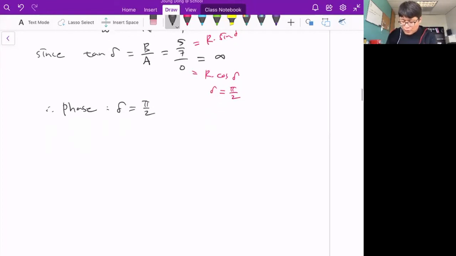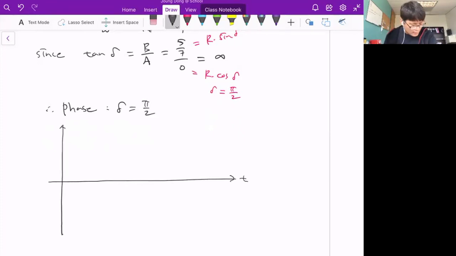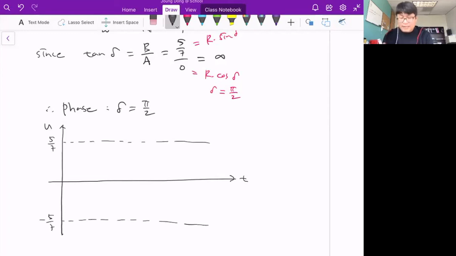Let me show you the figure of this solution, okay? Here we go. This is t, and the y-axis is displacement u, okay? As you found, the amplitude was 5/7, which means your oscillating sine curve must be between -5/7 and 5/7, right? Since the sine function starts from 0, it is oscillating like this, right?